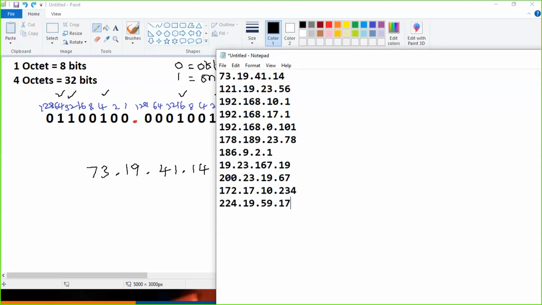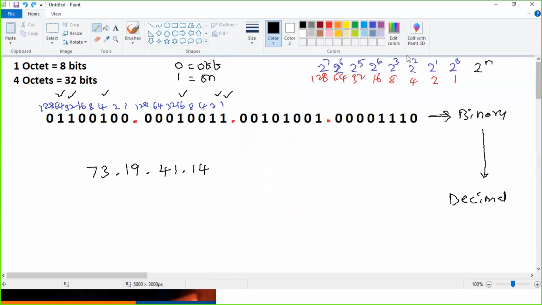Okay, 223.45.19, 242.7.89.145. So like this, I'm making a very big list. Okay, guys, I'll come back to this list later. We'll continue with this point.